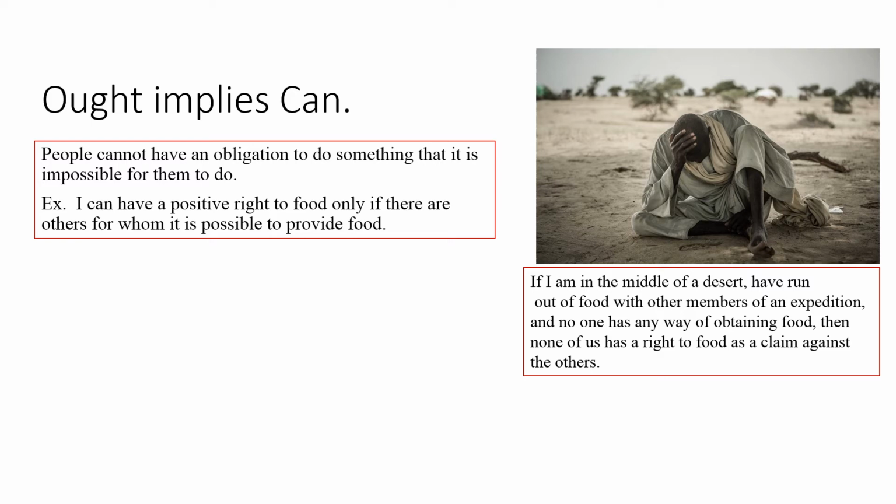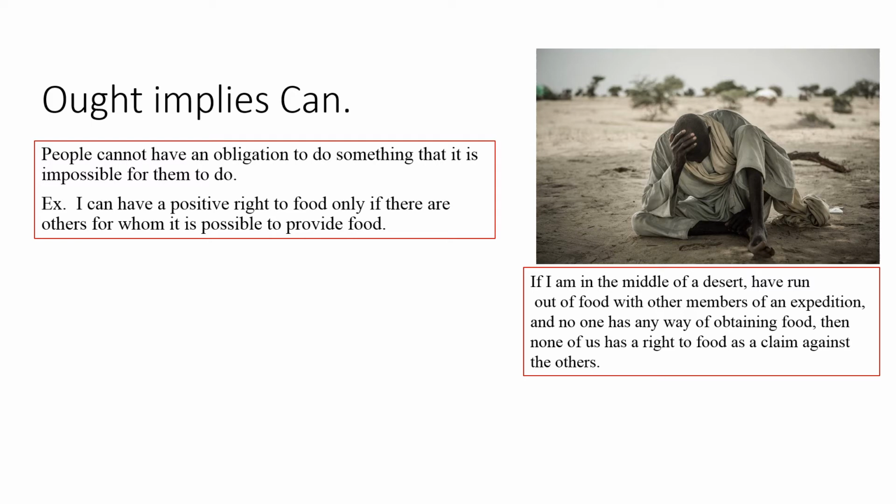Say, suddenly we had an airplane crash, and so we are in the desert and there is no way by which we can obtain food. Then none of us has a right to food as a claim against the others. So I cannot exercise that positive right because they cannot give me that. They cannot grant me that right.